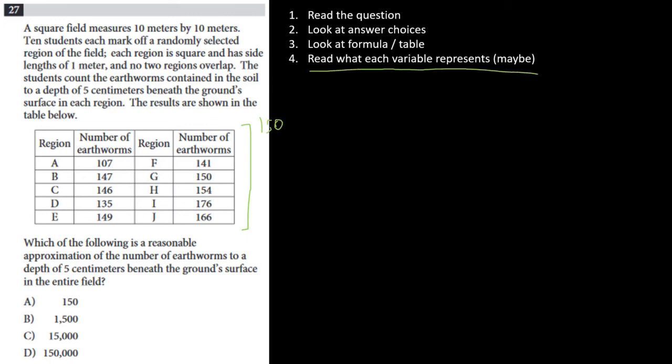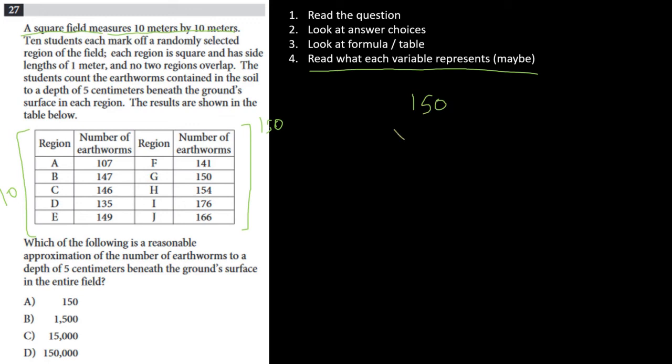Well, I don't really have enough information, right? So I have to read what each variable represents. The first sentence says a square field measures 10 meters by 10 meters. Okay? And so what I see right here is that there's only 10 of it. So with each region, there's only 10, and on average each region averages out to about 150.